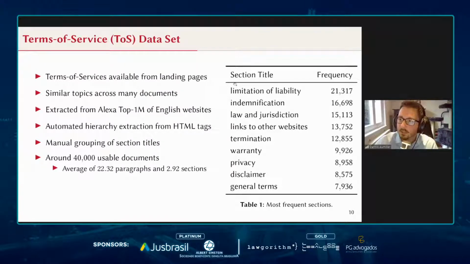Specifically, limitation of liability usually was spelled in 3 or 4 different ways. You had limitations of liability or liability just as a single word, referring to similar topics that were manually grouped together. And after all the pre-processing, we're left with around 40,000 usable documents, depending on which task specifically we're looking at. The average length being around 22 to 23 paragraphs and around 3 sections.